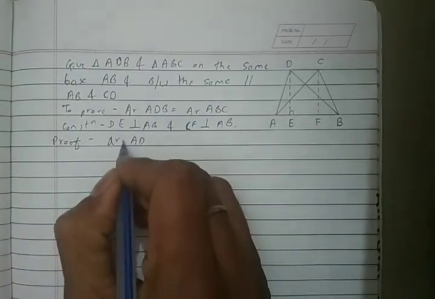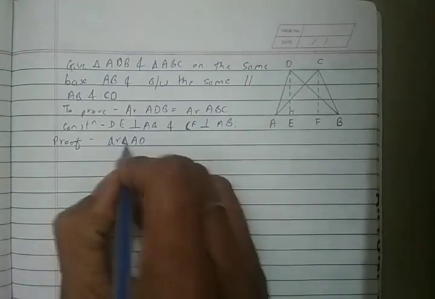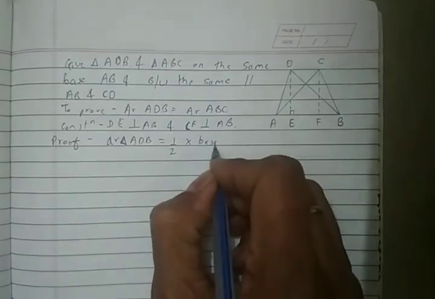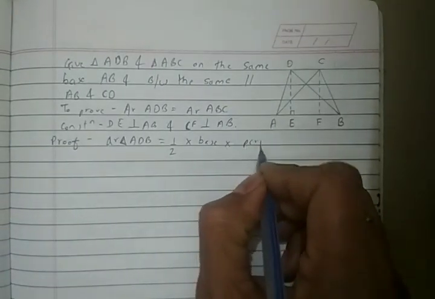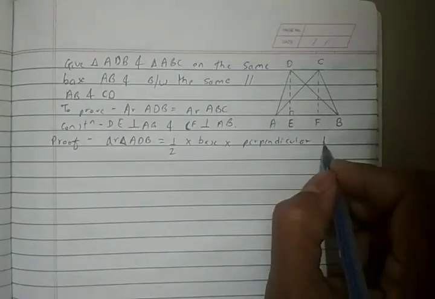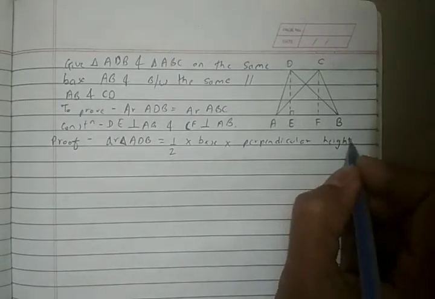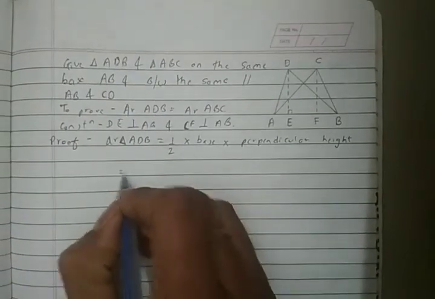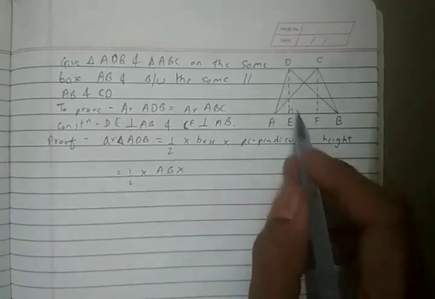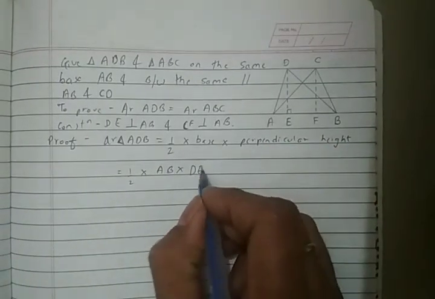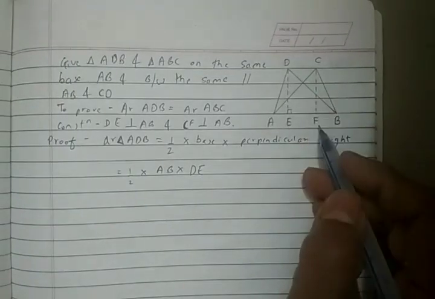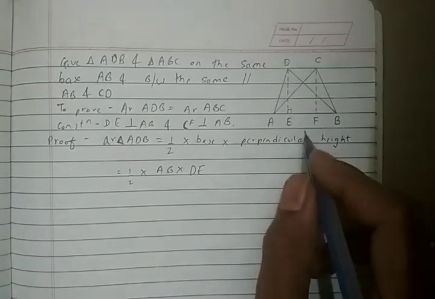Area of triangle ADB equal to half into base into perpendicular height. So this will become half into base AB and height DE. Here DE is equal to CF by construction. Okay.